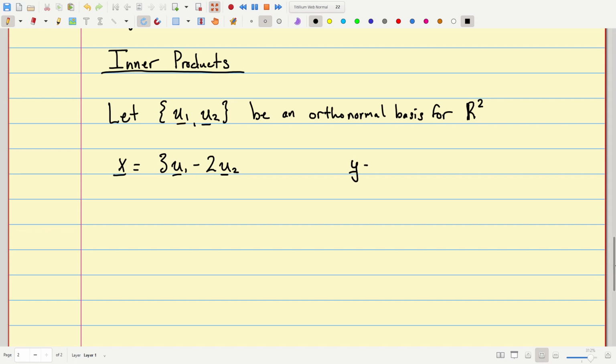And I want to define a pair of vectors, x and y, like so. So x is equal to 3u1 minus 2u2, and y is equal to 4u1 plus 2u2. And I would like to determine the inner product between these two vectors. How do I do that?